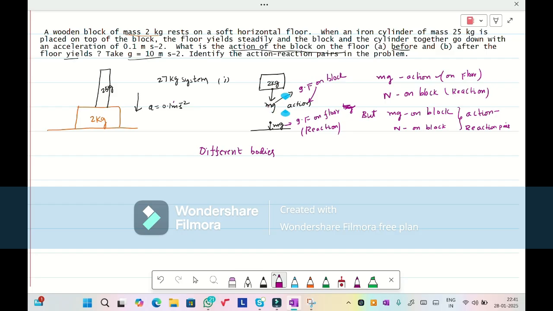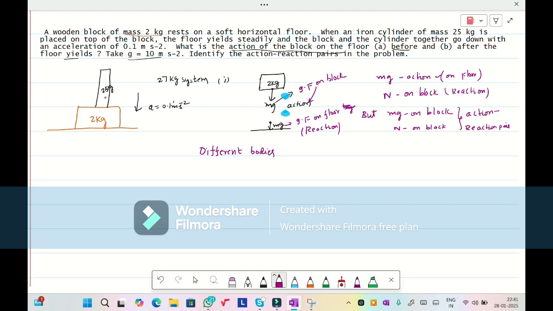If you have taken the gravitational force acting on the floor as action, then the gravitational force acting on the block is reaction. So the gravitational force on the block and the normal force on the block are not an action-reaction pair. Action-reaction pairs act on different bodies and give zero resultant force. So right, this is the concept.